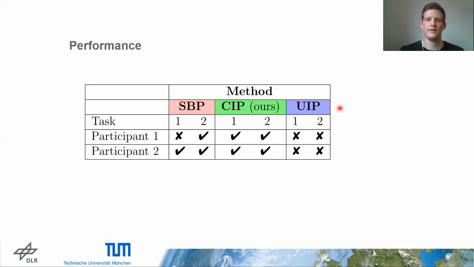And these participants didn't have any experience with the robot. And as you can see, only our method was successful in all four different tasks, whereas the sequential batch programming method was only successful in 75% of the executions, and the third method didn't succeed in any of the executions, which is due to the problems that I've just mentioned to you.